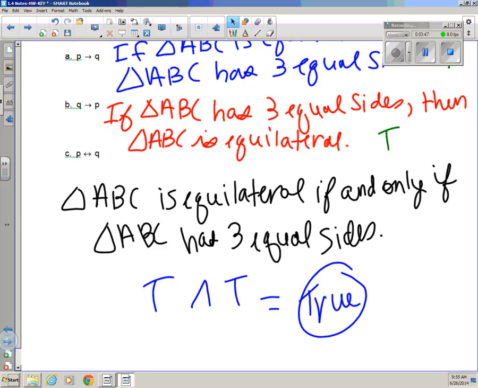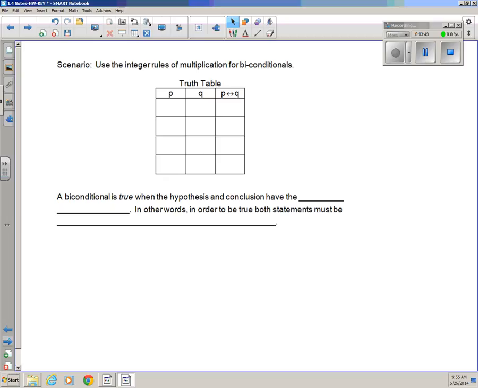We've got a truth table for this. Now this is a scenario that we talk about. It doesn't really have a story to it. It's more like when you multiply integers, signed numbers. What happens when the signs are the same versus the signs being different? So we're going to start our truth table out the same way: TT, TF, FT, FF. So this is like saying, okay, integer rules.